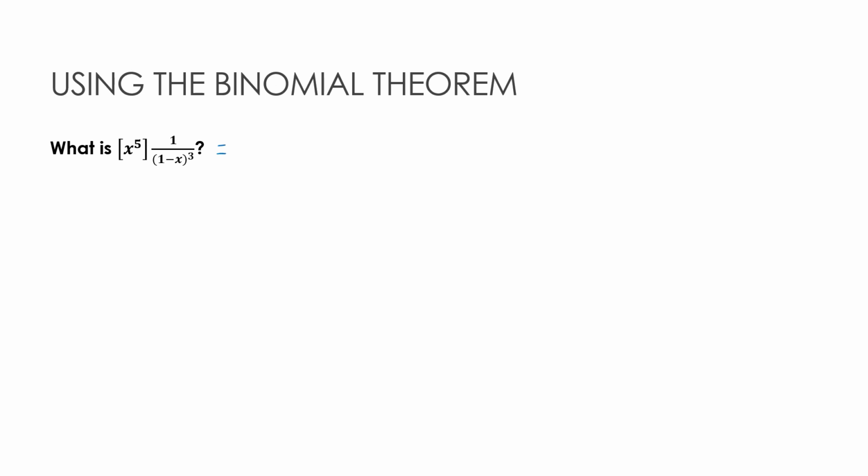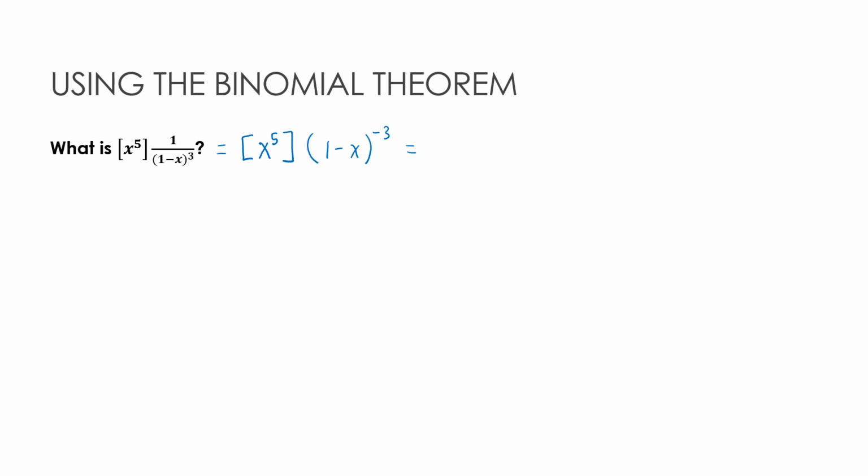The first thing I would do here is remember, this is telling me I'm looking for the coefficient of x to the fifth. I'm going to rewrite 1 over 1 minus x to the third as 1 minus x to the negative third.